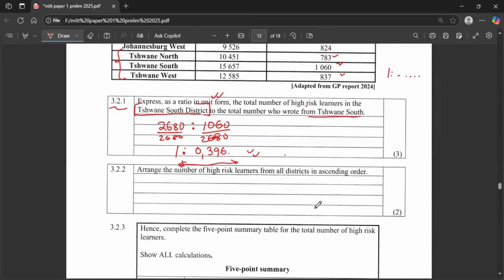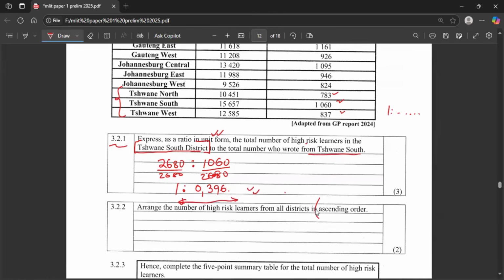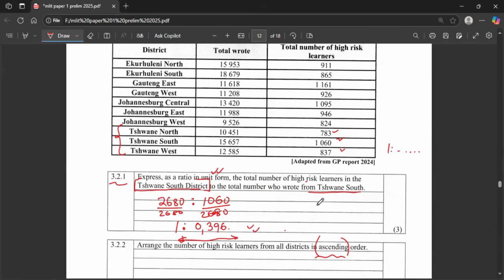From all districts in ascending order. So we know that ascending order is basically from the smallest to the biggest. So the smallest number we see is 800. No, it's actually 700. So this is position 1.